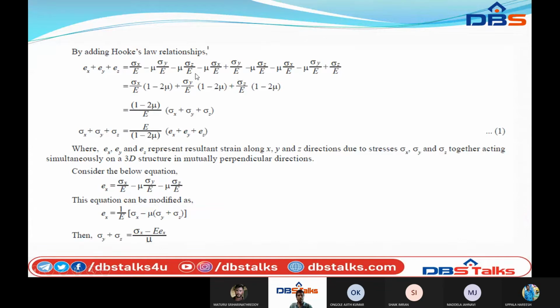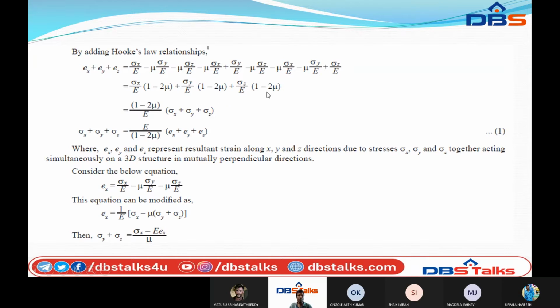Plus in the y direction, sigma y by E is common, with 1 minus 2 mu, and parallelly sigma z by E is common, with 1 minus 2 mu as the remaining terms.